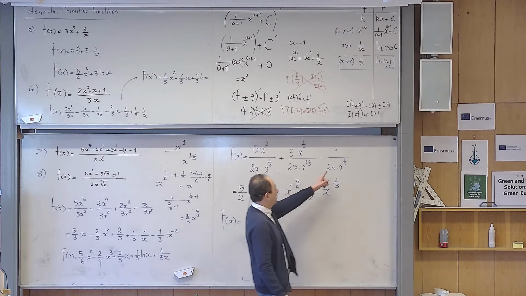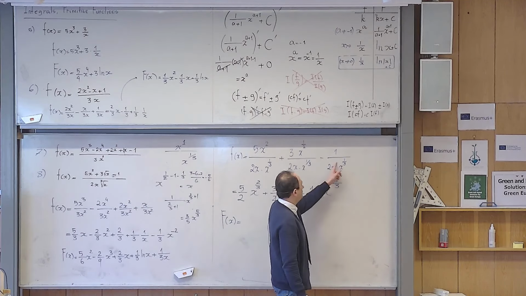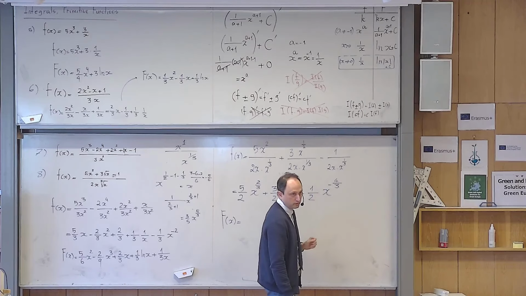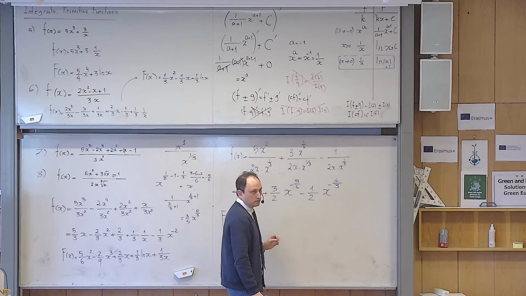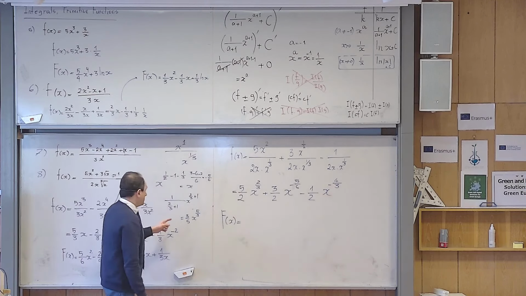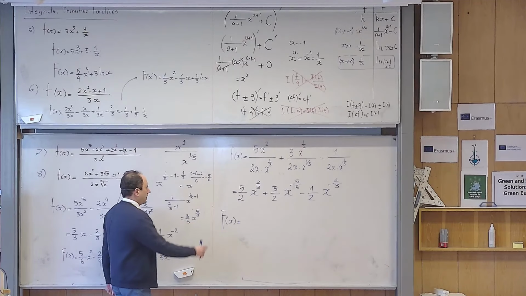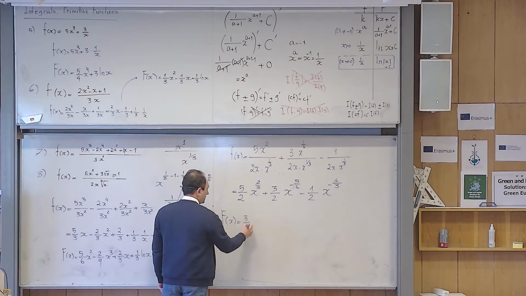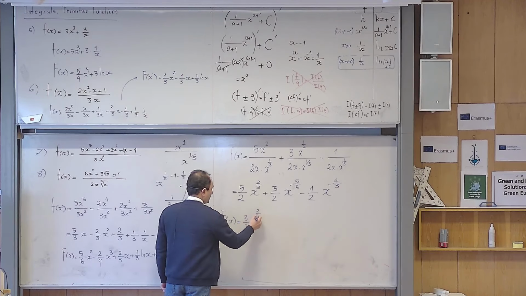Here, 1 plus 1 over 3 is 4 over 3. But x to the power of 4 over 3, I bring it up, make it minus 4 over 3. Yes? So here I have this number, and I have 5 over 3 here. 5 over 3 multiplied here, 5 and 5 are cancelled, so it becomes 3 over 2, x to the power of 2 over 3.